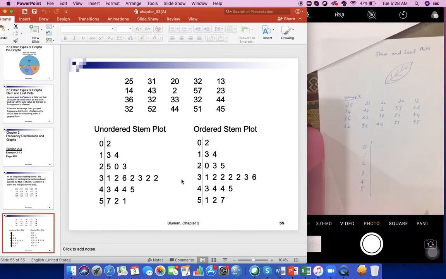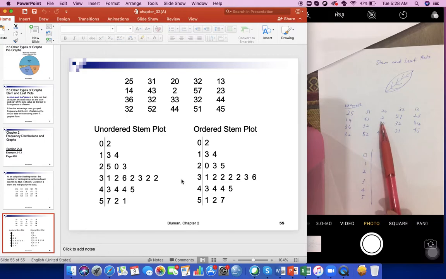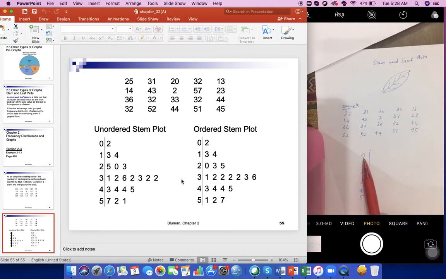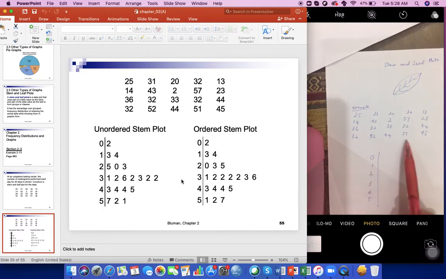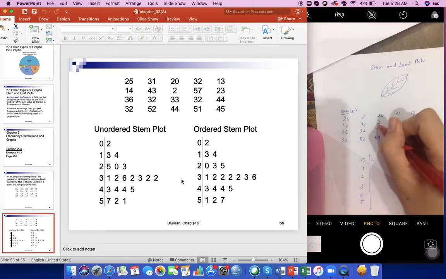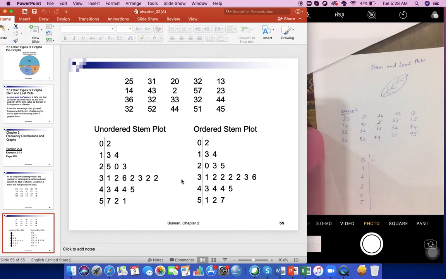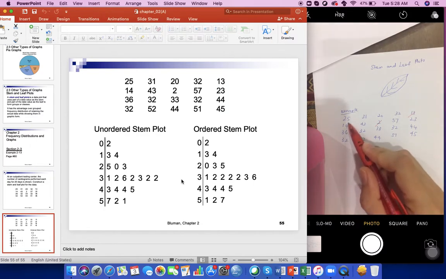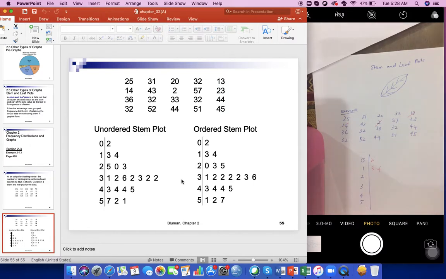The first one is 2. If it is 2, you need to put 0 in front, so stem 0, leaf 2. And then we have 13, so 3 goes here, and then 14, 4 goes here.